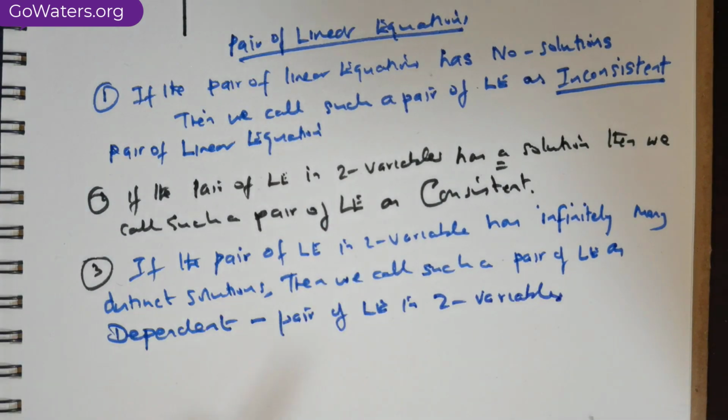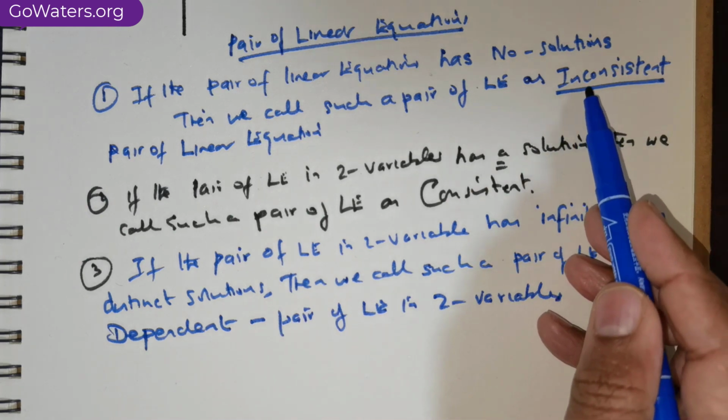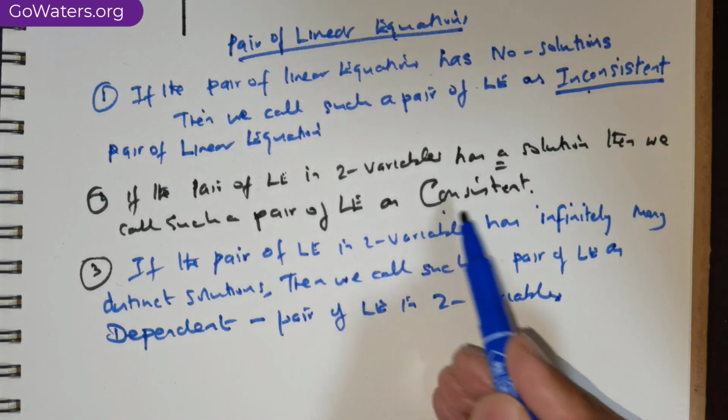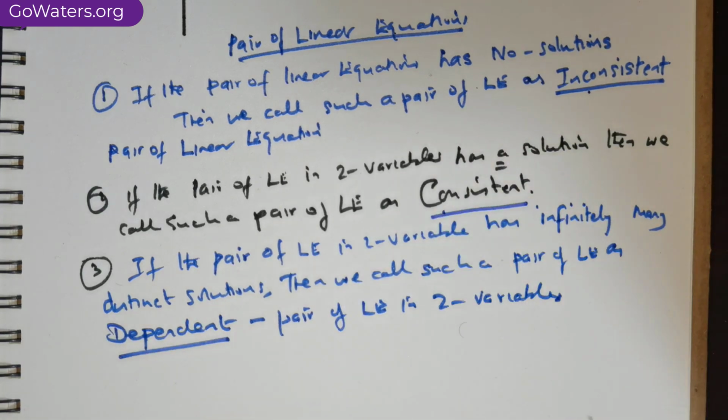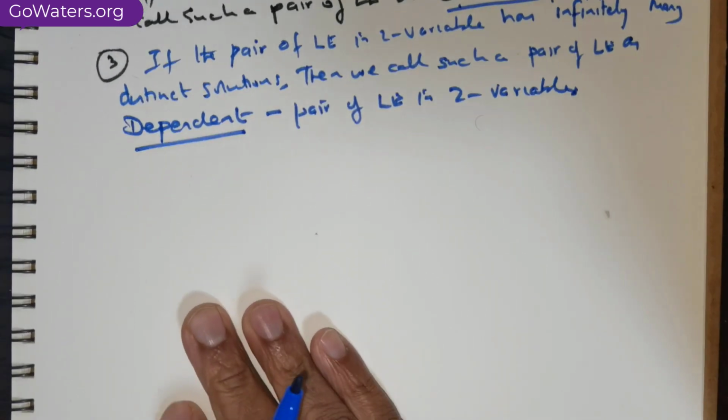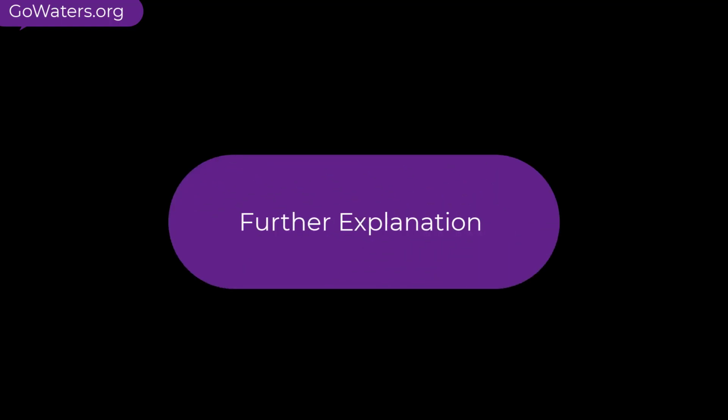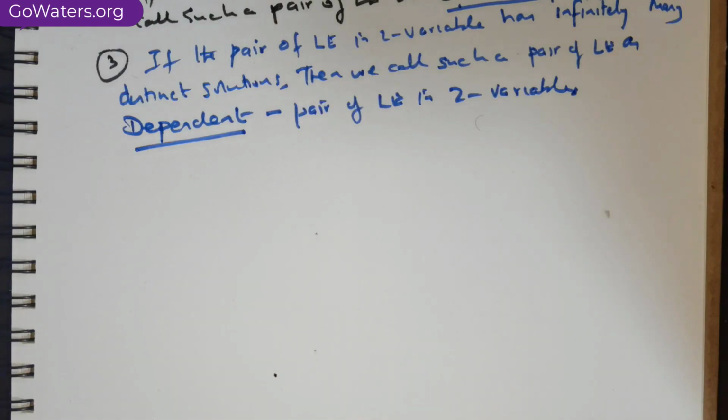So these are the three important differentiations that you will have to know: inconsistent, consistent, and dependent. Now, how are we going to find them out? That's an important part of problem solving. Let me give you this all important technique.